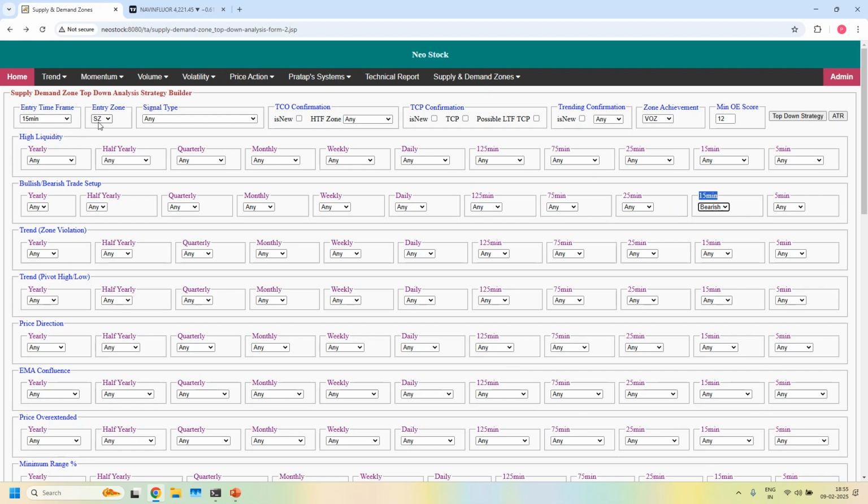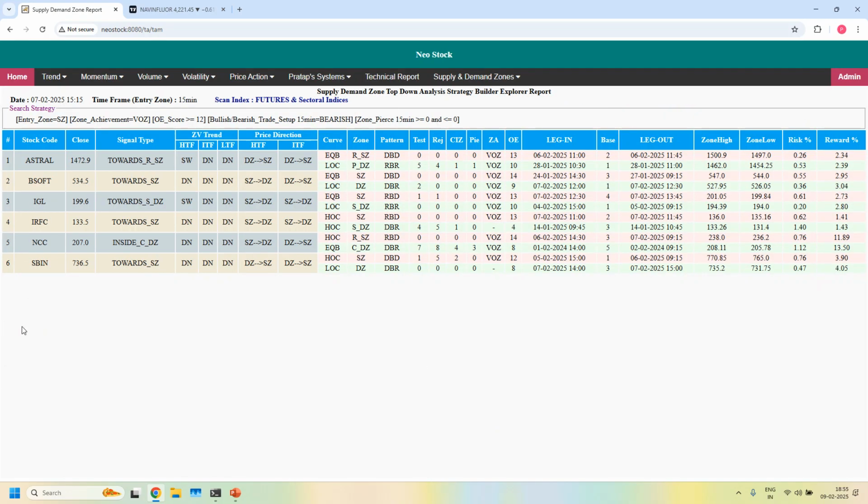Why? Because we changed the entry zone as supply zone. Now let's generate bearish trade setup. We got 6 stocks. It is also the same, but only thing is this time our entry zones are supply zones, not demand zones.